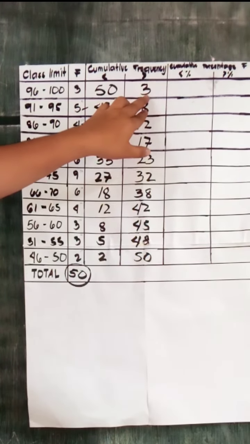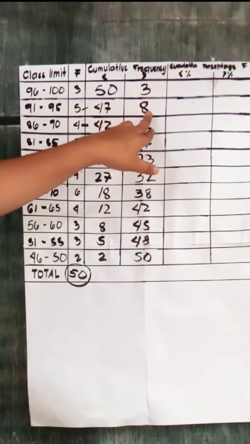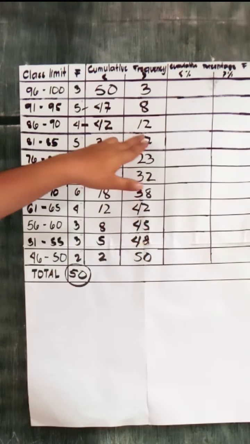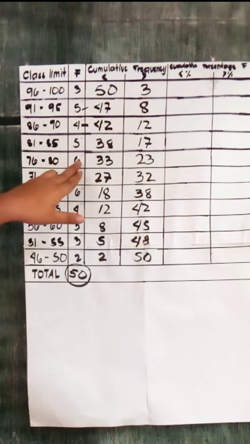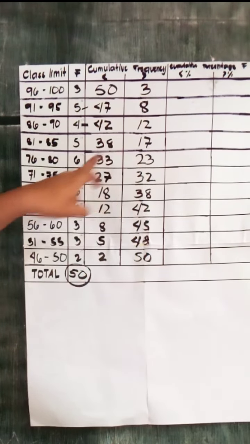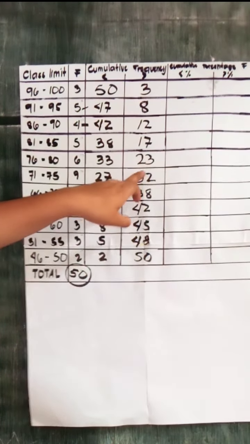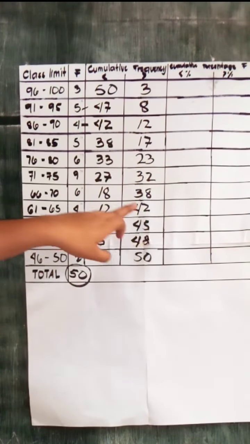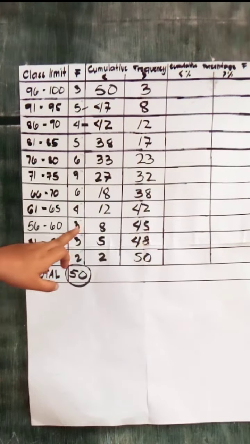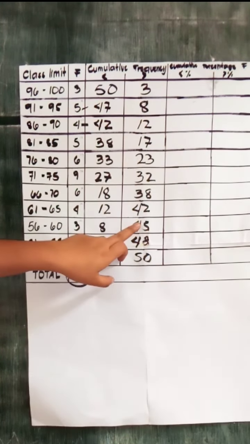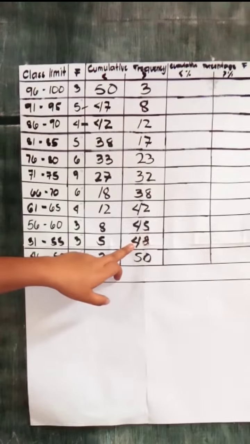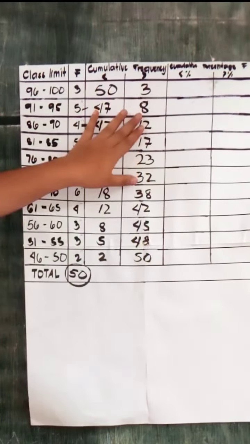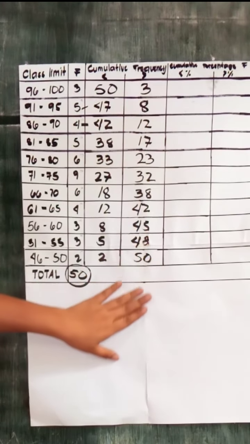So we have 3 plus 5 is equal to 8, 8 plus 4 is equal to 12, 12 plus 5 is equal to 17, 17 plus 6 is equal to 23, 23 plus 9 is equal to 32, 32 plus 6 is equal to 38, 38 plus 4 is equal to 42, 42 plus 3 is equal to 45, 45 plus 3 is equal to 48, and 48 plus 2 is equal to 50. And that is how to find cumulative frequency greater than.